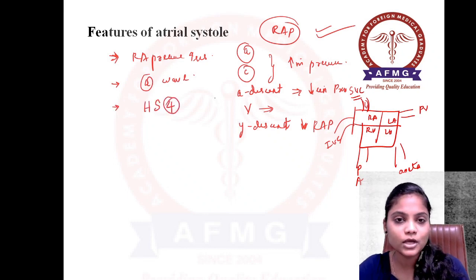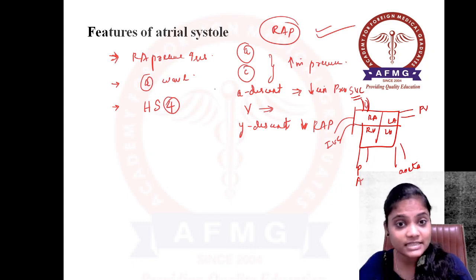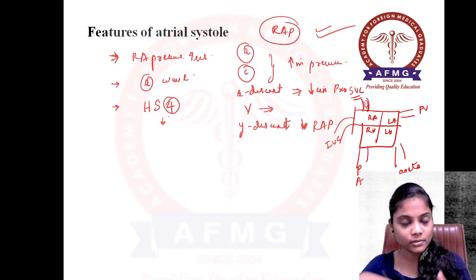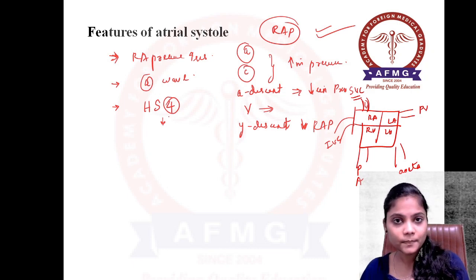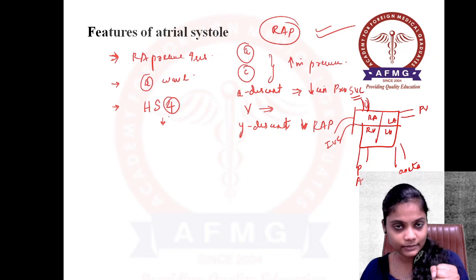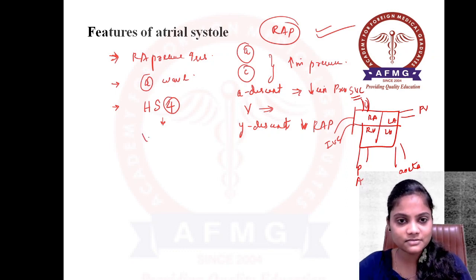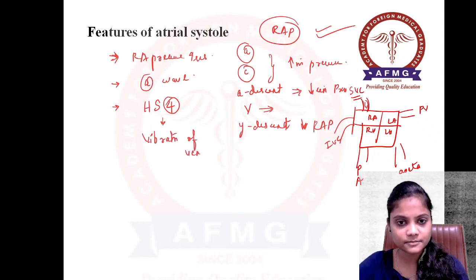Remember why? Because of the vibration of ventricles. Whenever there is a filling of blood in your atria, there is a contraction of your atrium in your atrial systole. So that vibration of your ventricle happens, which gives the heart sound 4, vibration of ventricles.